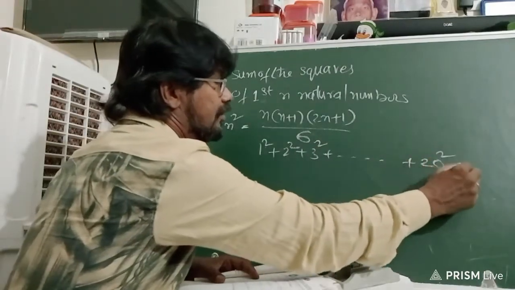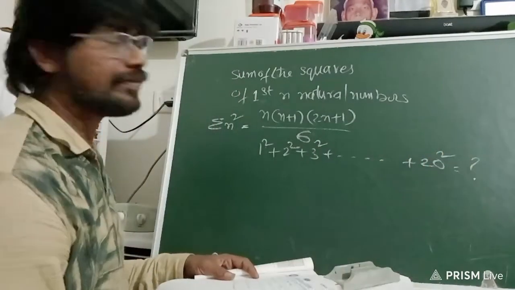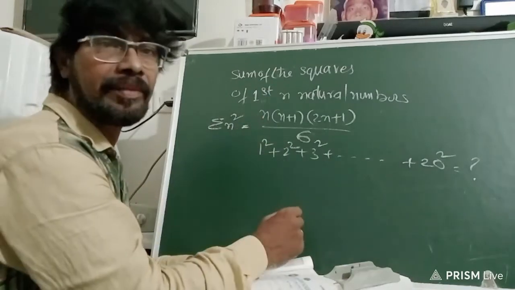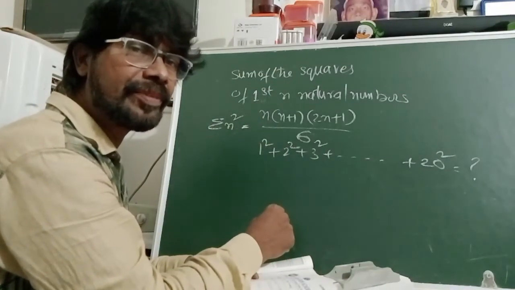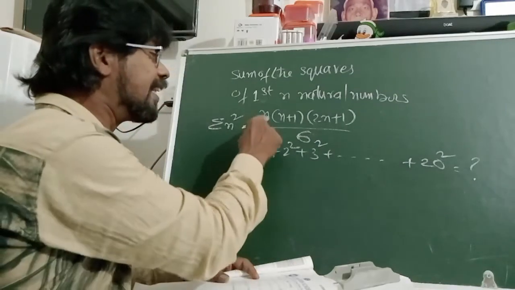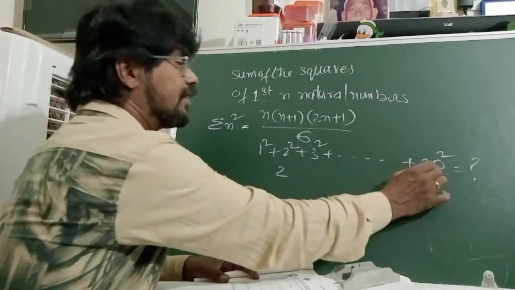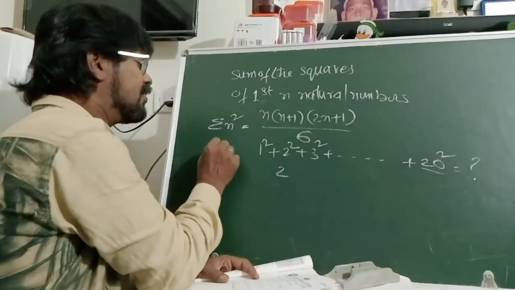Now 1 square, 2 square, 3 square, up to 20 square. What is its value? Formula: n into n plus 1 into 2n plus 1 by 6. Here the last number is n, so n is equal to 20.